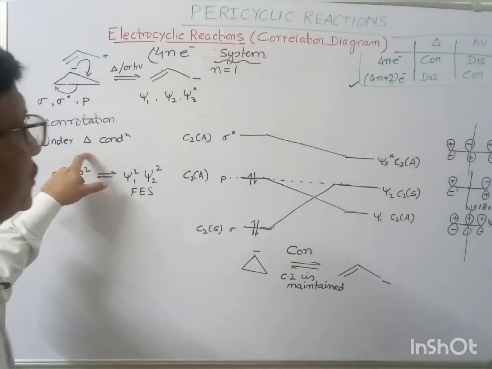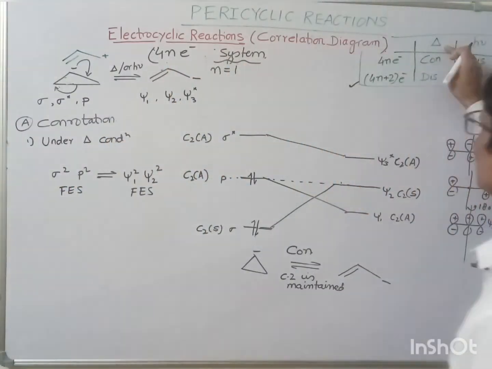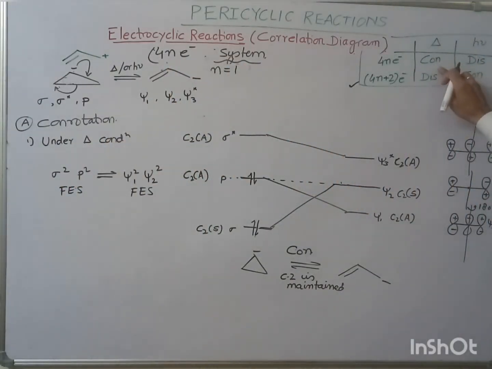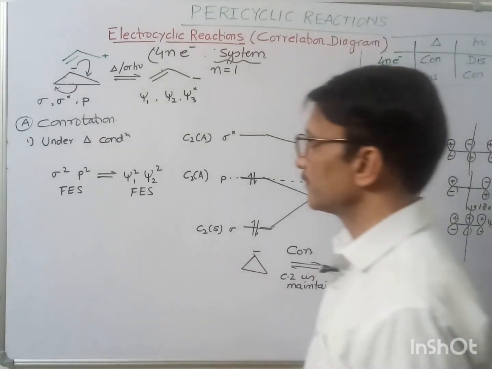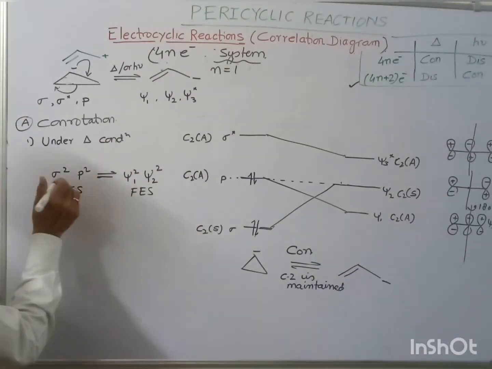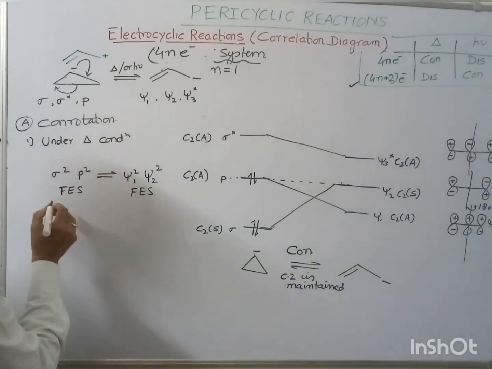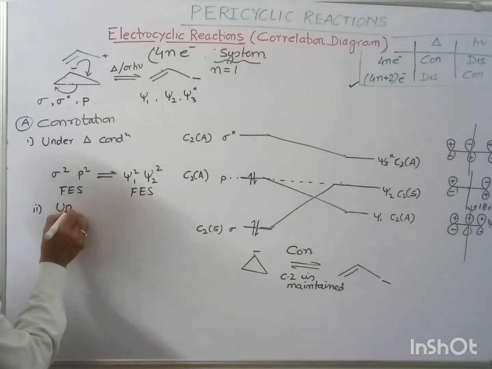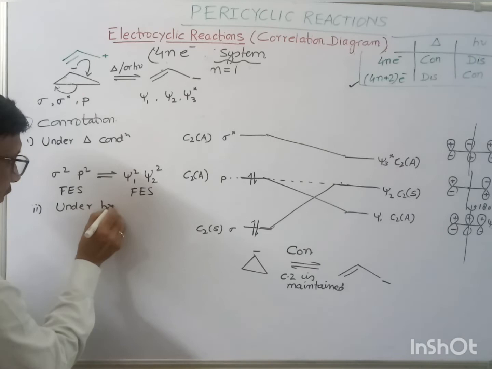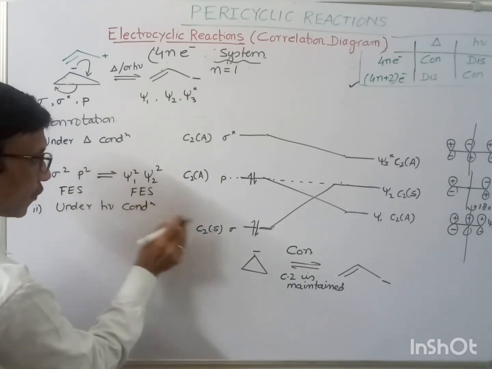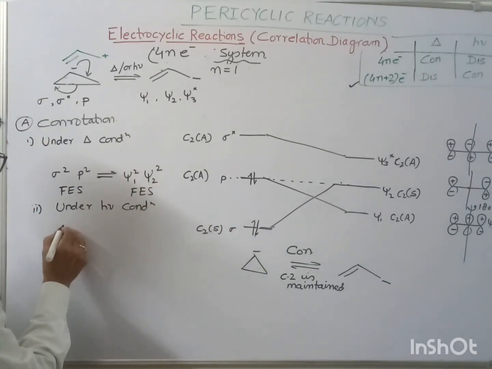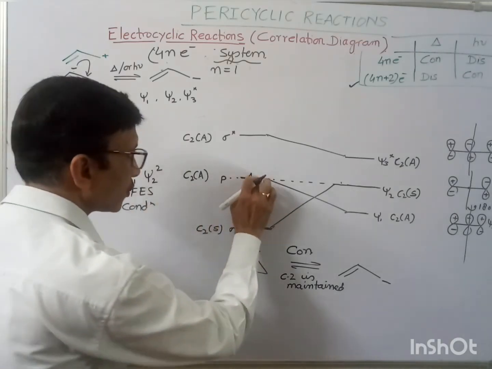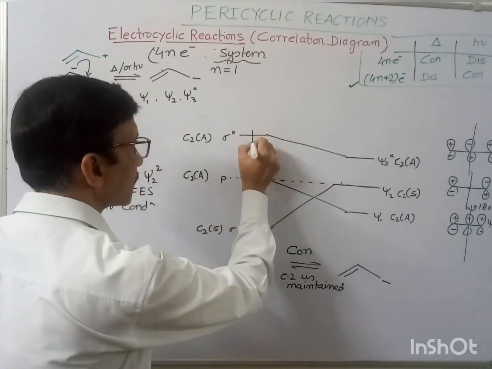So under thermal condition, as you can see, for a 4n electron system, the conrotation takes place. And under photochemical condition, one of the electrons from the p orbital will go here.